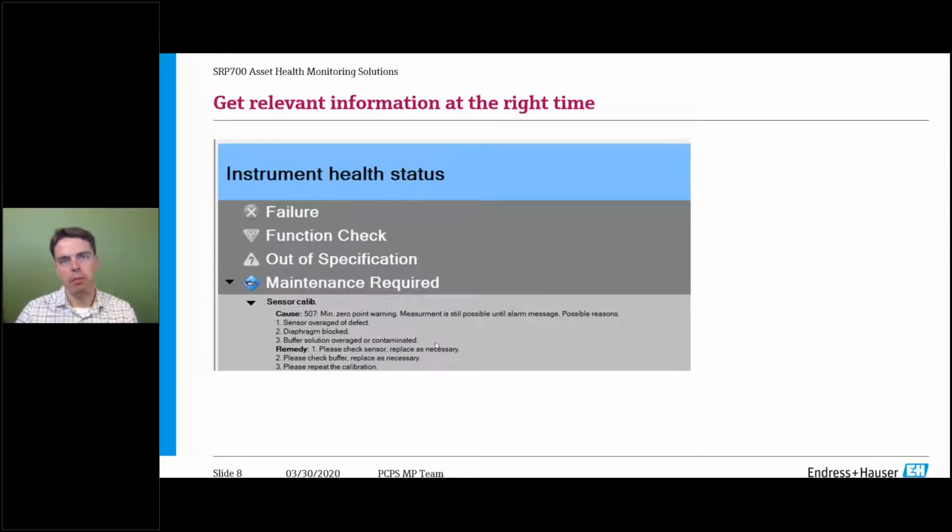Most of the customers we talk to don't get this kind of information. It's in the device, in the field, maybe shown on the display, but there is no way for maintenance people, or people who can actually do something with it, to see it and take action. That's what we address with our solution: to give the information to the right people who can actually do something with it, in a very easy way.